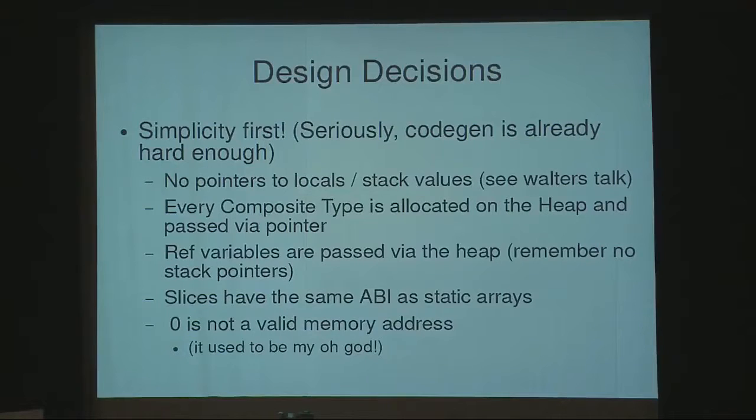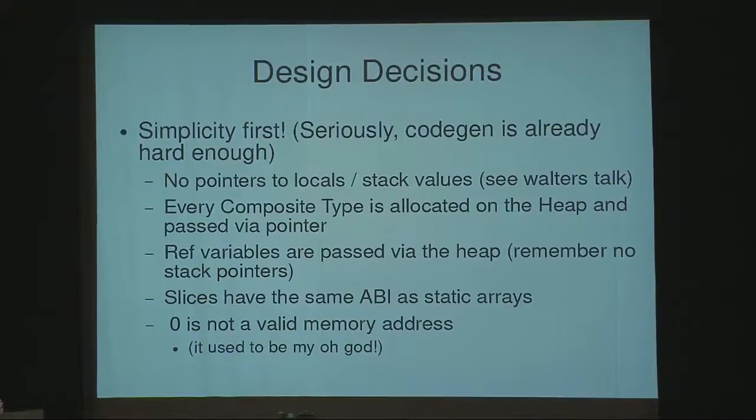And like I said, you can't have pointers to stack values because it's really nasty to have that, and that's something that I disallowed in my very initial design, because I could already see that it would lead to giant problems.